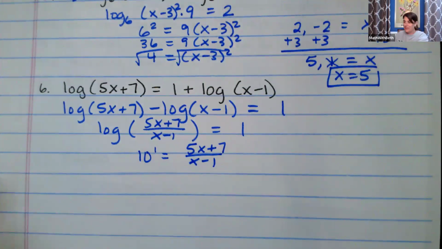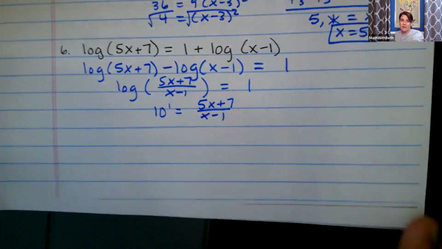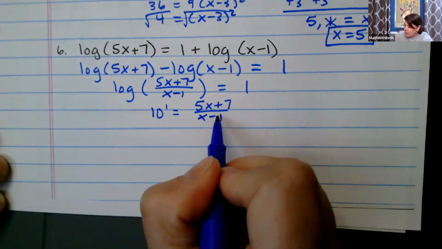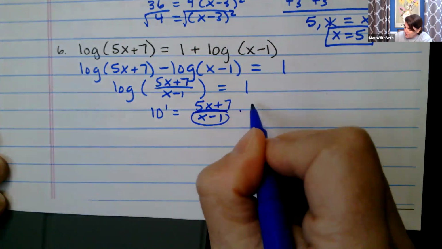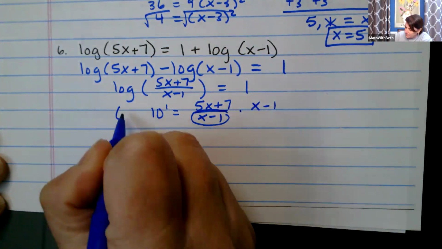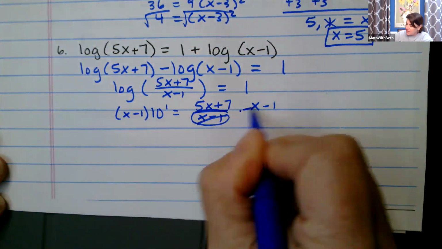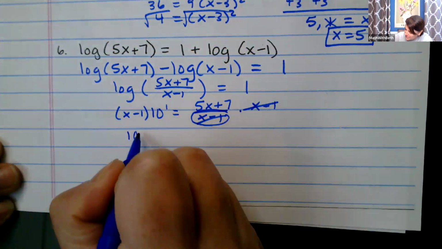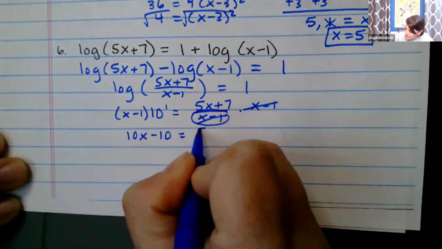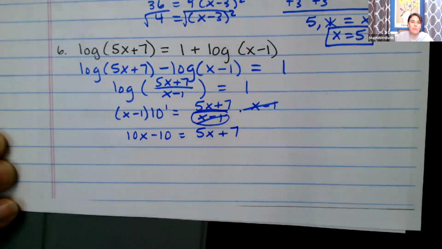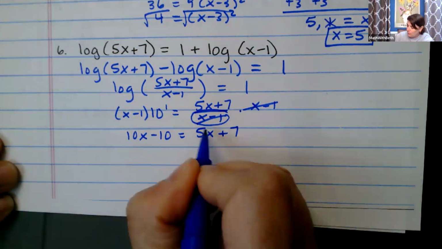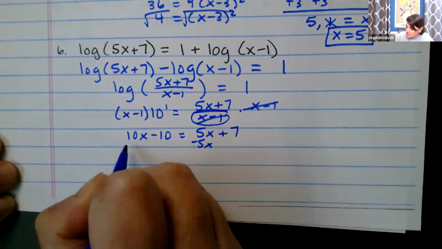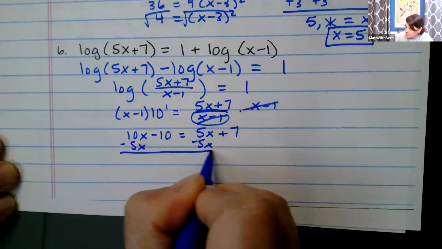And now I just need to start solving this, which is a little more complicated. So I'm going to start by multiplying both sides by the x minus 1 so that it's not in the denominator anymore. I'm going to go ahead and distribute that 10. And now I have x's on both sides. So I'm going to move these x's over by subtracting.